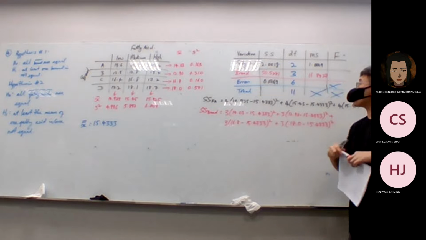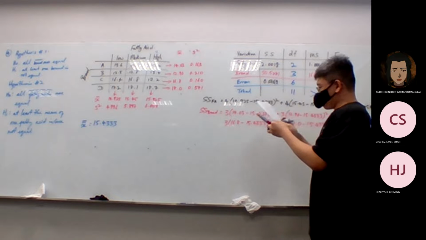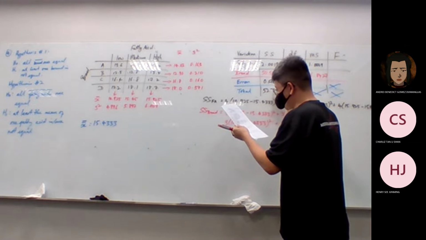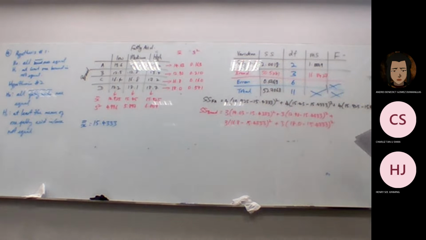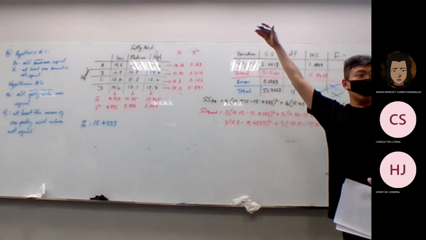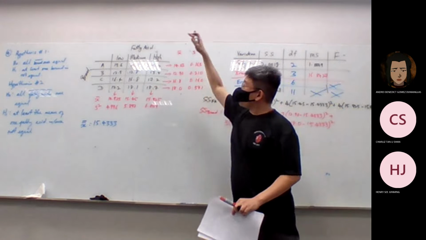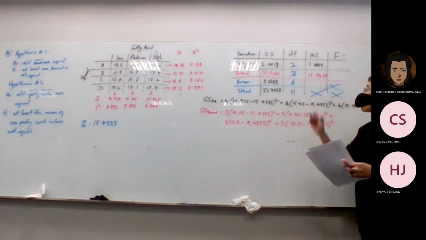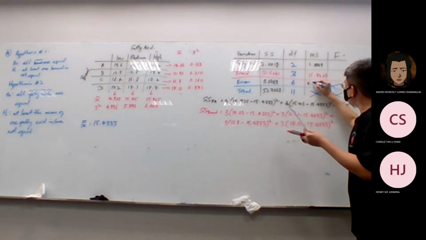It doesn't make much of a difference. Then after that, you just add up these two numbers. So here I will give you 52.7068. And you divide by 6. Because this number depends on which axis you are doing. Sum of square error you are doing for the brand or for fatty acid, the answer is going to be slightly different. But because it's going to be divided by a bigger number, it actually doesn't make much of a difference anymore.